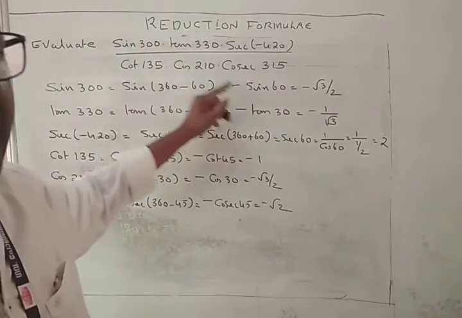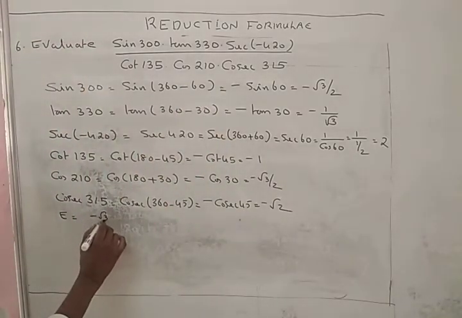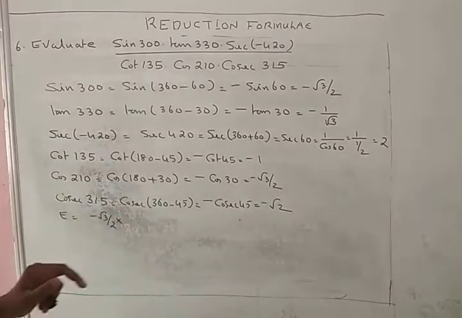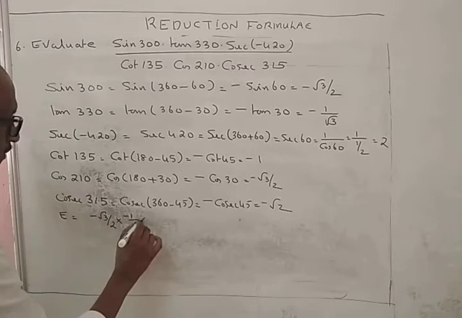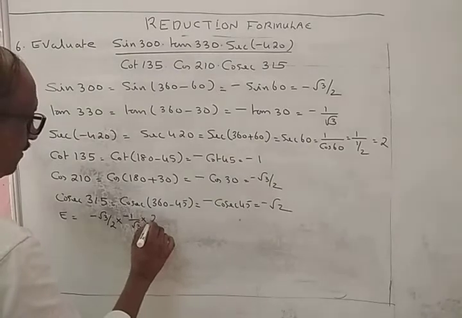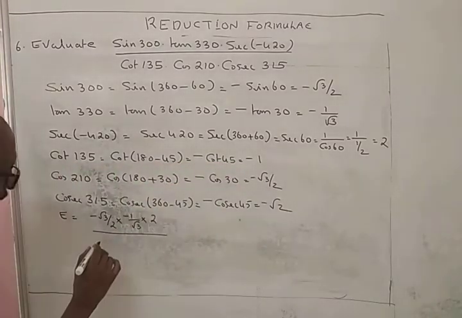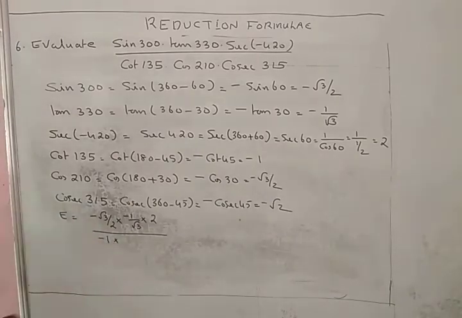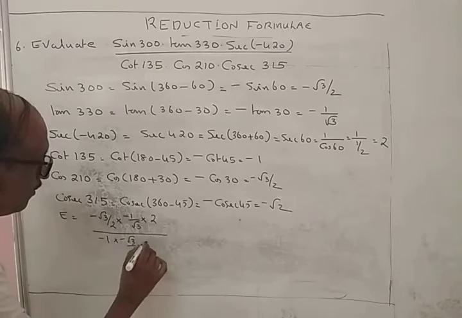Substitute in the expression. Sine 300 is minus root 3 by 2, into tan 330 is minus 1 by root 3, into sec 420 is 2, divided by cot 135 is minus 1, into cos 210 is minus root 3 by 2, into cosec 315 is minus root 2.